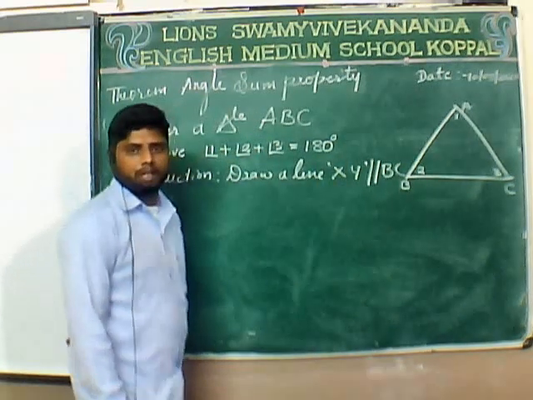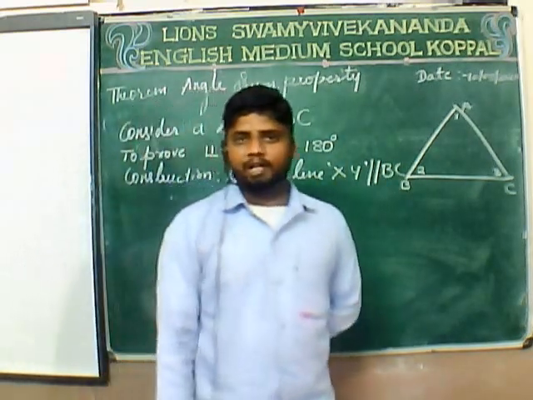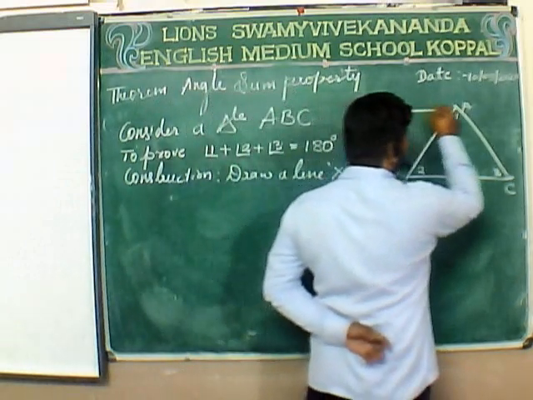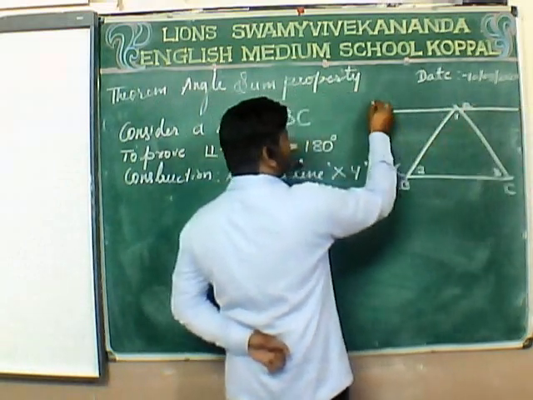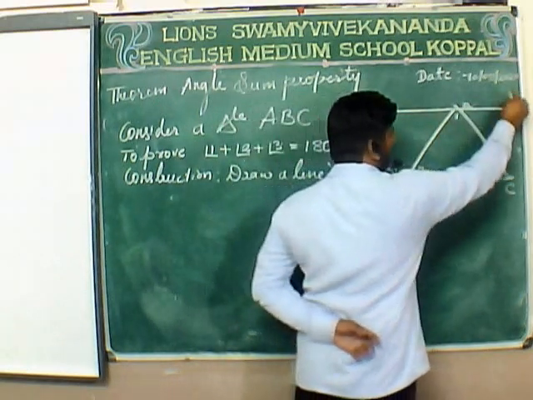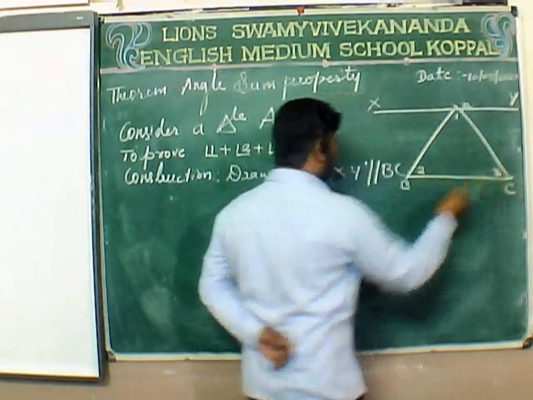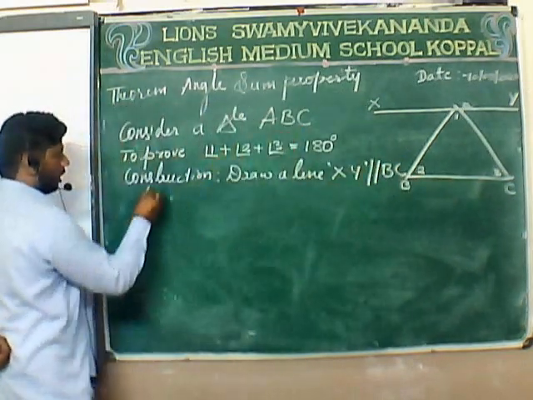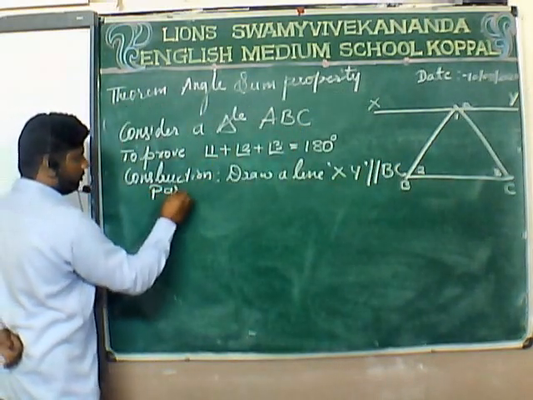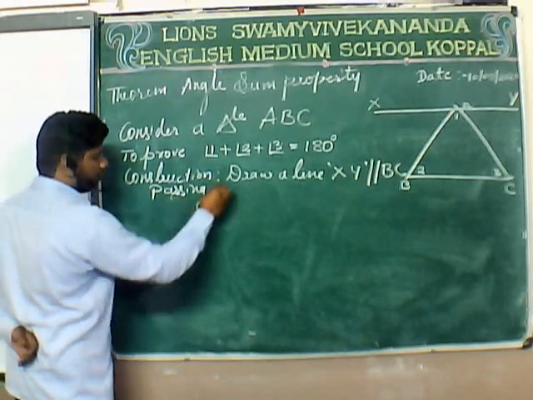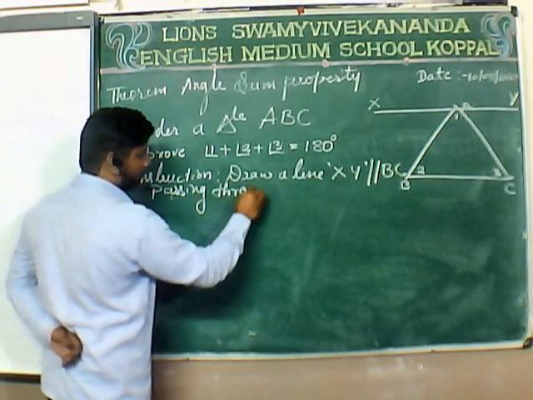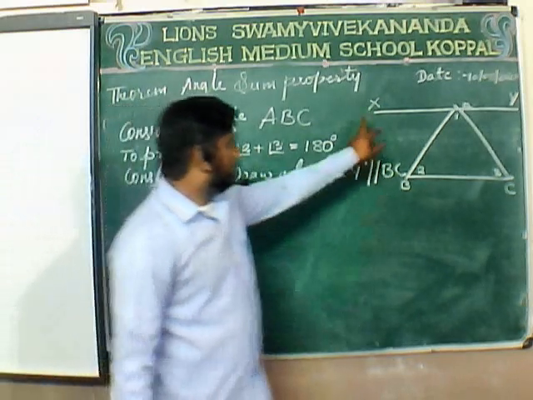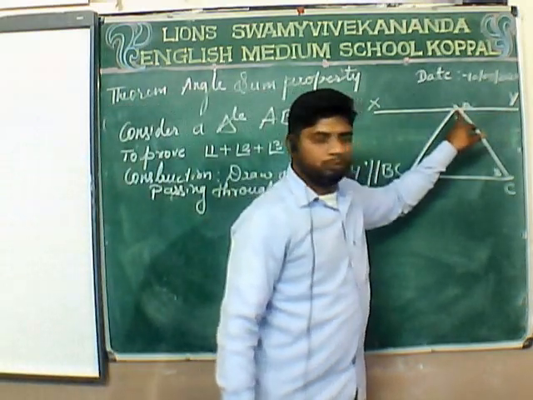So we have to draw a line XY parallel to BC. So let us do that now. XY parallel to BC, passing through A. You can see that the line XY is passing through point A.